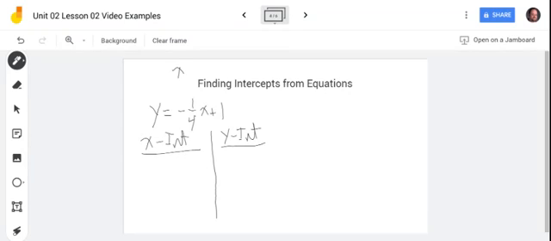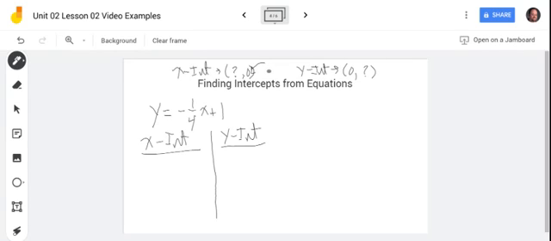Remember, an x-intercept has an ordered pair that is something, comma 0, while a y-intercept has an ordered pair that is 0, comma something.